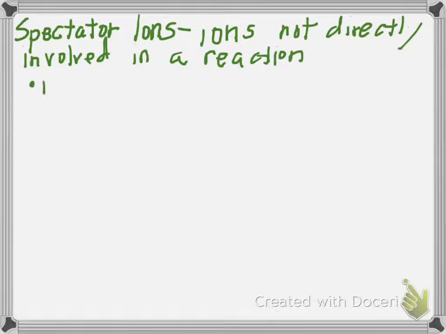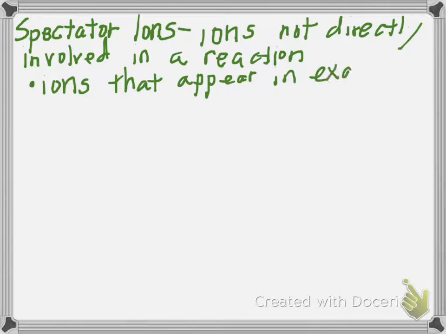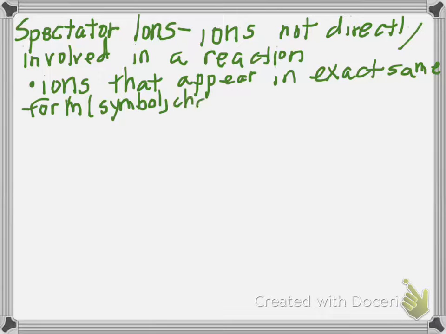Because these are the ions that appear in the exact same form. So again, here with form, we're talking about symbol, charge, and state of matter, on both sides of the equation.